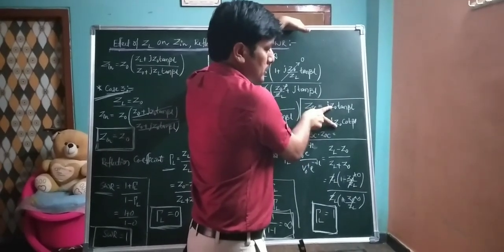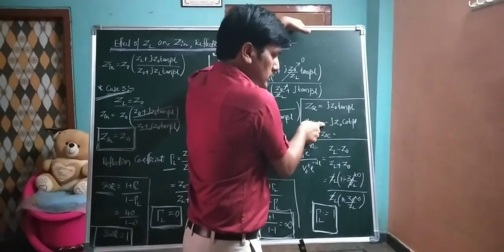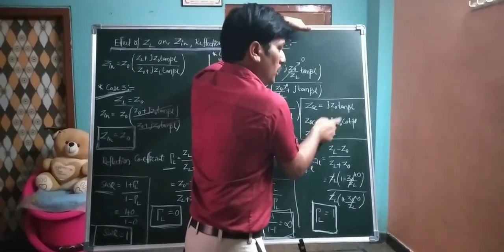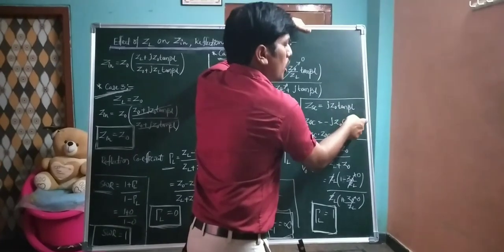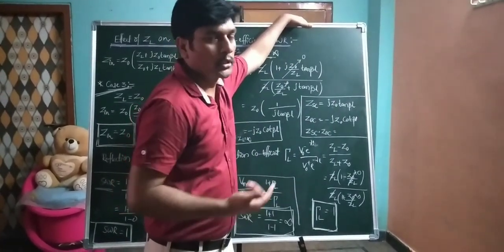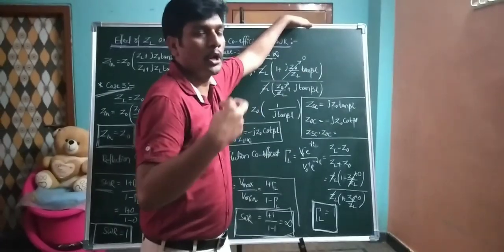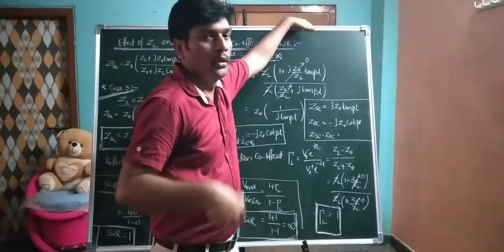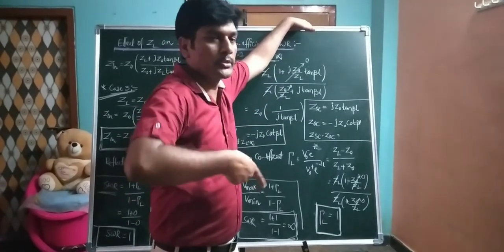The product is j into j, minus of j into j, Z0 square tan βL into cot βL. Tan βL into cot βL gets cancelled. Tan βL is sin βL divided by cos βL, and cot βL is cos βL divided by sin βL. So both the sin terms and the cos terms get cancelled.